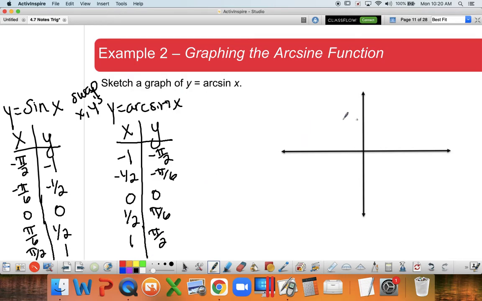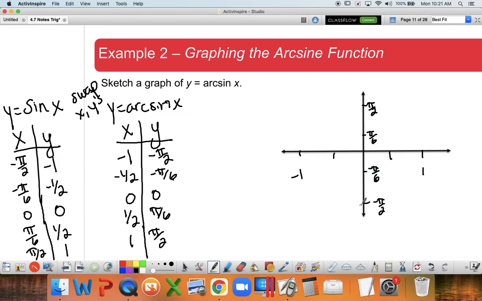So on my x coordinate, I just want to go up to 1 and down to negative 1. And on my y-axis, I want to go up to pi over 2 and down to negative pi over 2. And then in between, I'll have pi over 6 and negative pi over 6.